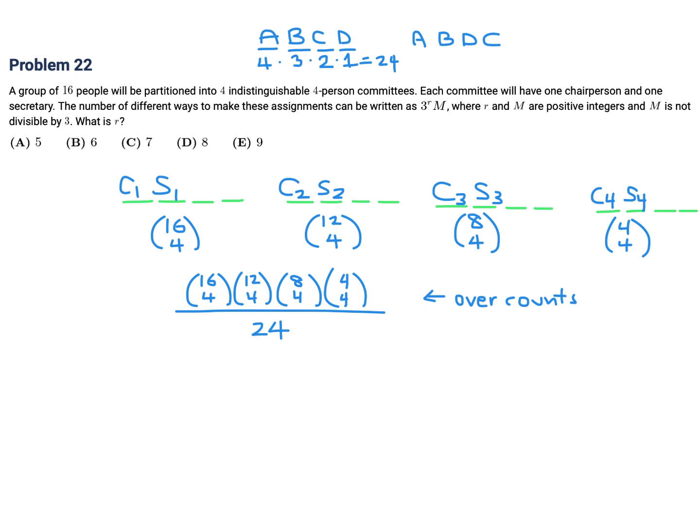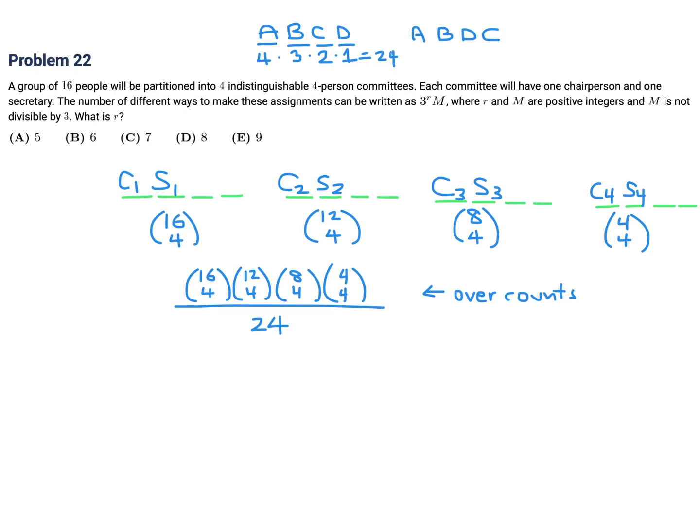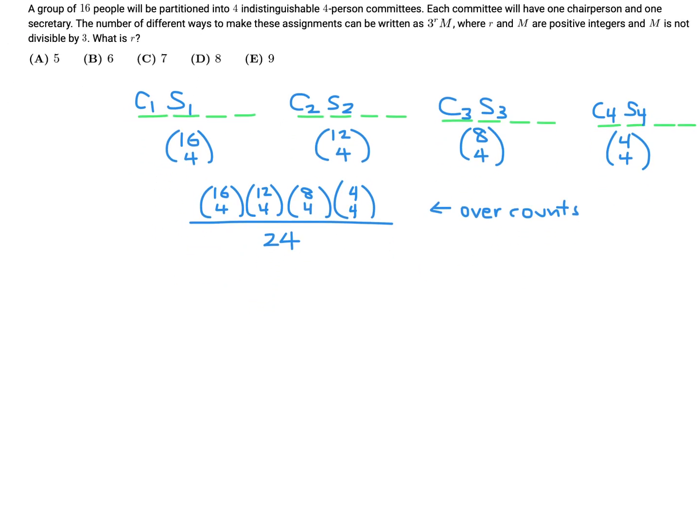Okay, so now we've got to actually figure out this large number here. All right, so let me see if I can do that. 16 choose 4, 12 choose 4, which is 12 factorial over 8 factorial times 4 factorial, then 8 factorial over 4 factorial times 4 factorial. And then 4 choose 4 is just 1, so I don't need to do anything there.